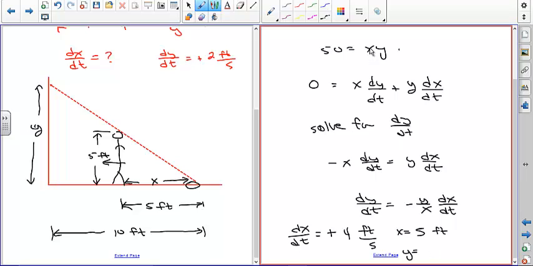If x equals 5, then y equals 10, because if I plug 5 in here, 50 divided by 5 is 10. So now I've figured everything out.